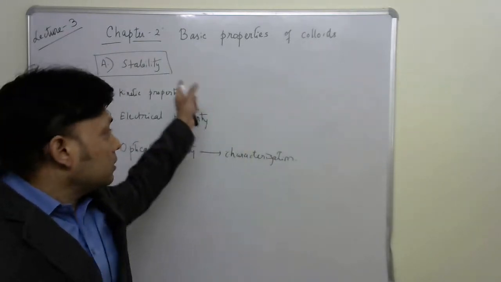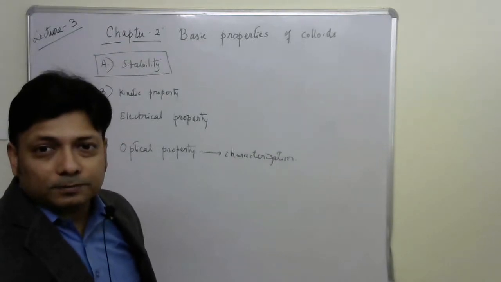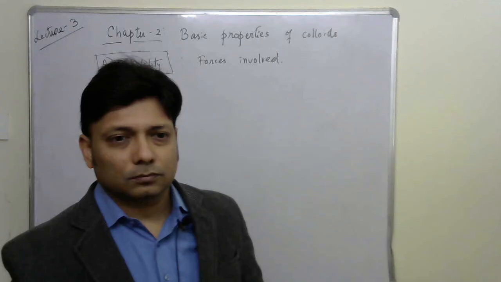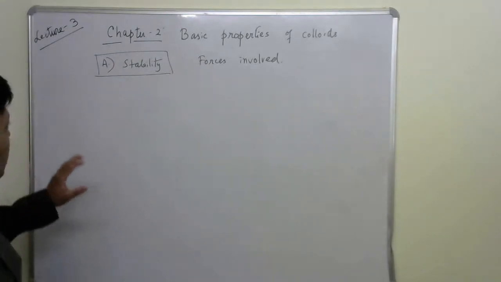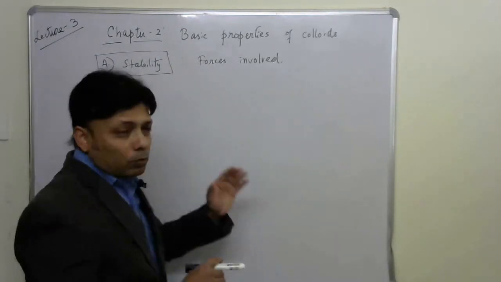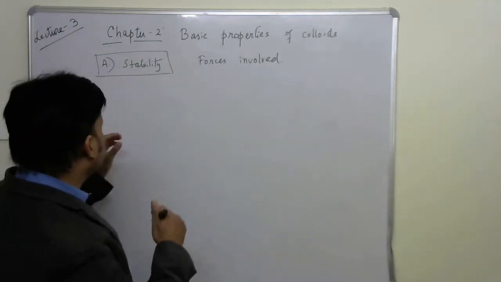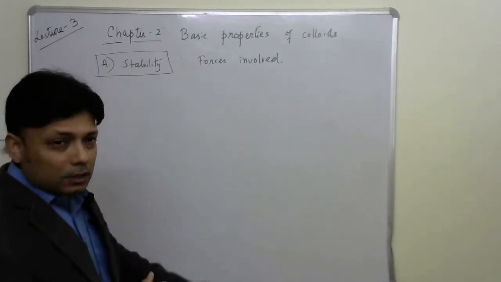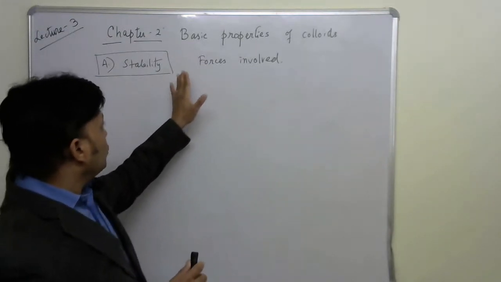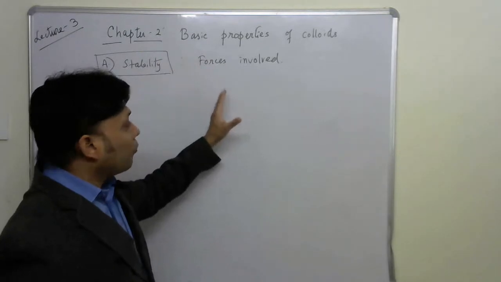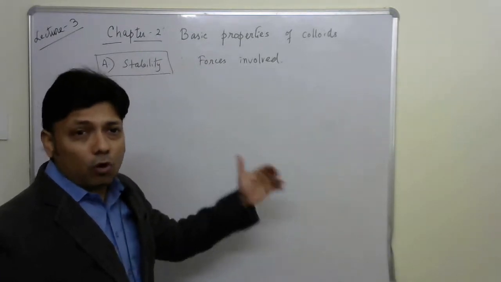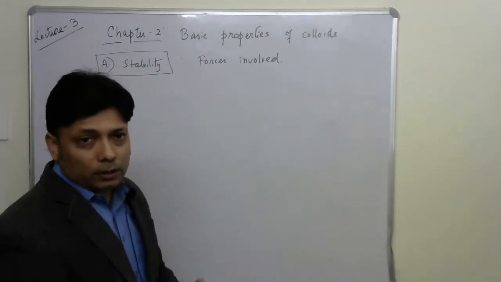So we start with that. While we explain the reason for the stability of colloidal particles, we would definitely be talking about the different types of forces involved in the colloidal system.